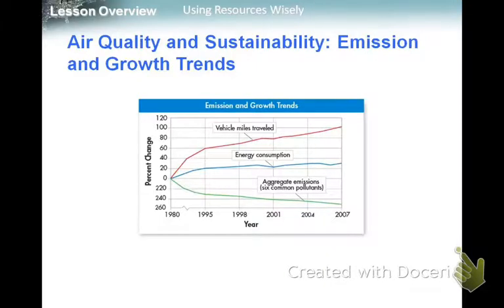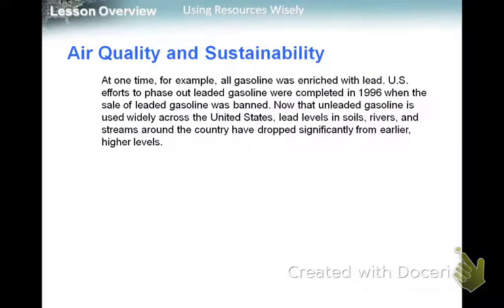So that's a good thing. At one point, all gasoline was enriched with lead. Leaded gasoline was phased out in 1996 when it was banned. Unleaded gasoline has led to a decrease in lead levels in soils, rivers, and streams throughout the country.